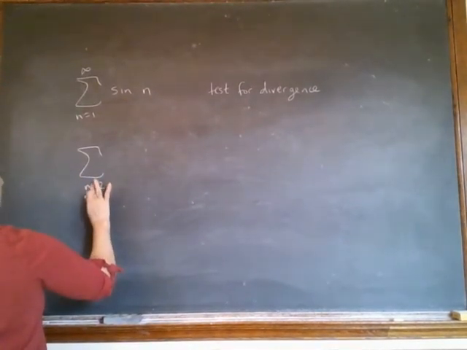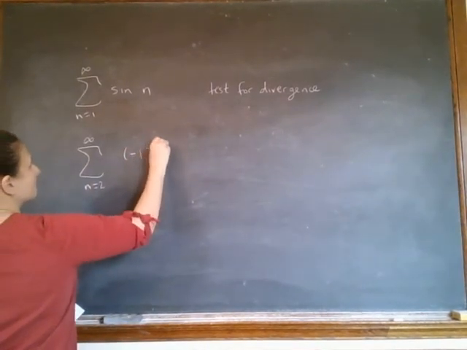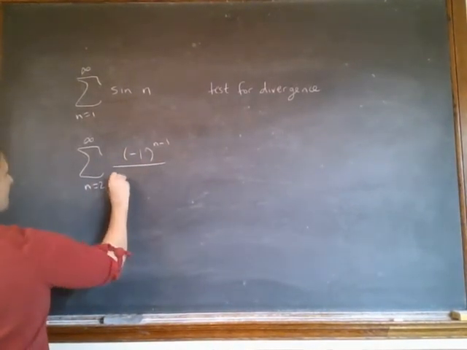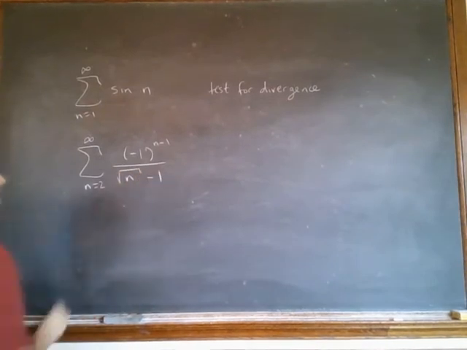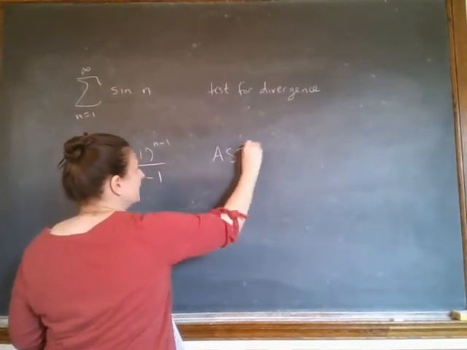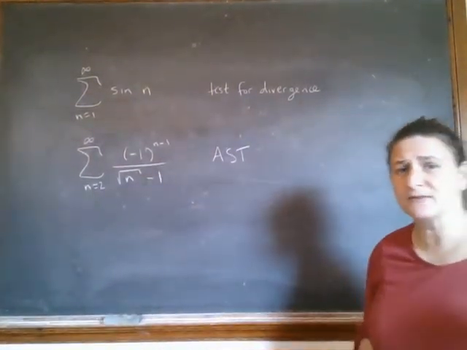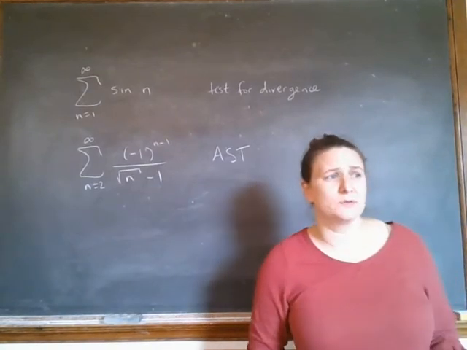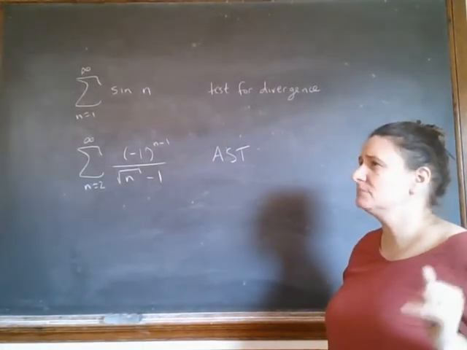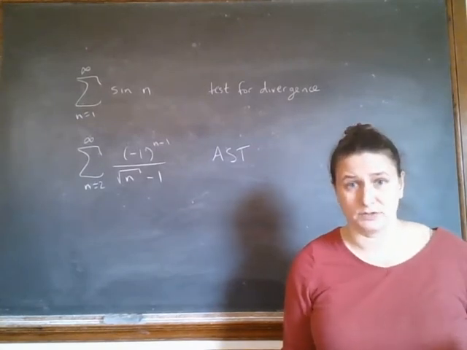So that's n equals 2. Alternating series, I'm going to try the alternating series test. Let me remind you guys, I maybe have mentioned this in passing, but it is confusing. Most of the tests will tell you if a series converges or diverges, right?